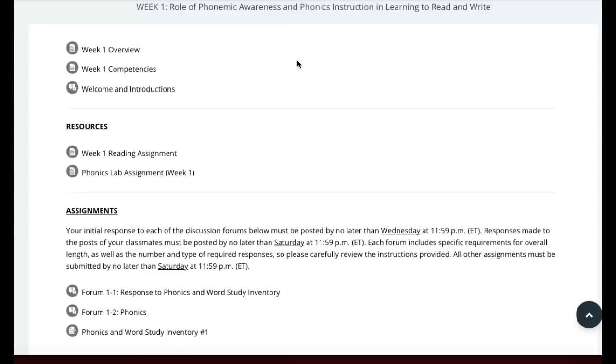So phonemic awareness and phonological awareness you can do with your eyes closed. It doesn't require any pencils, papers, letter cards, anything. It is all oral and you're listening.